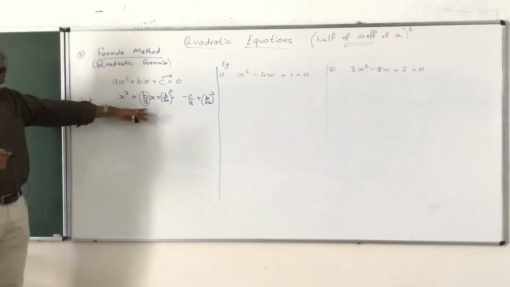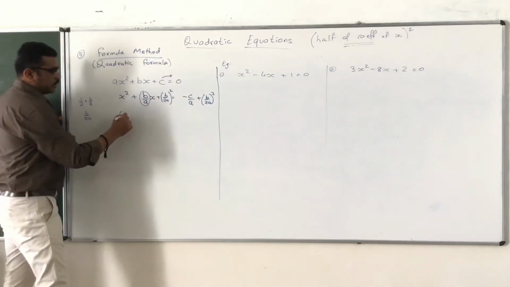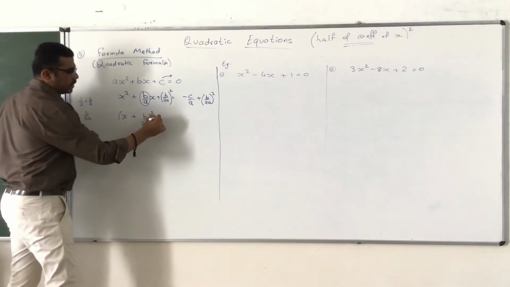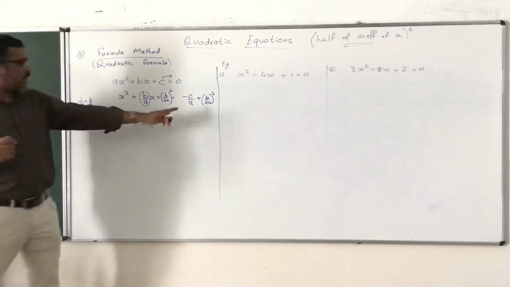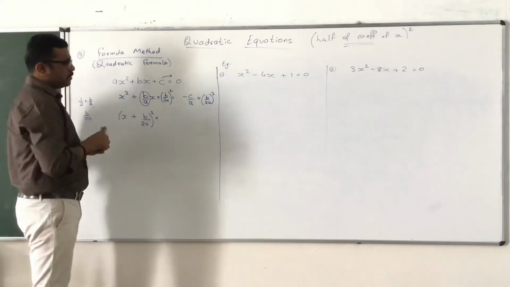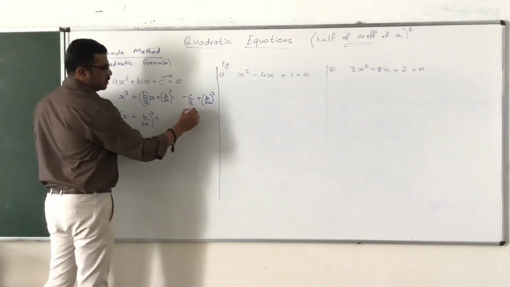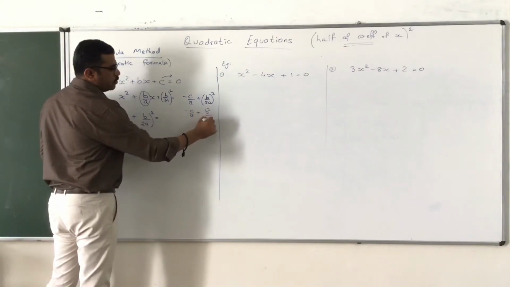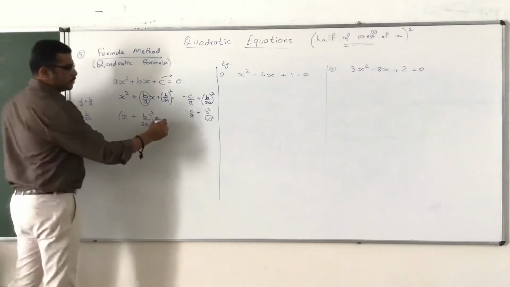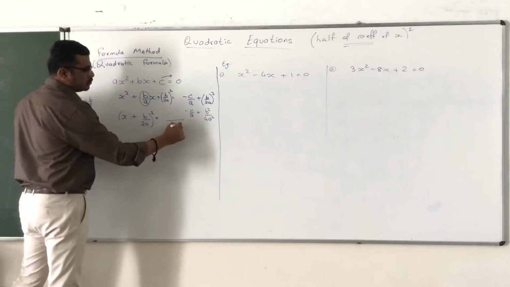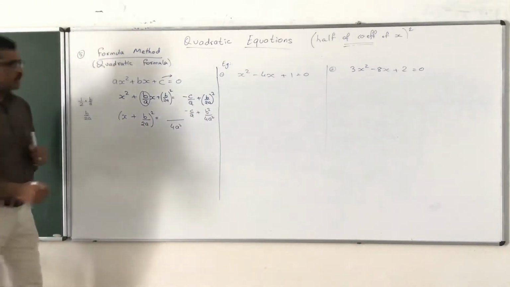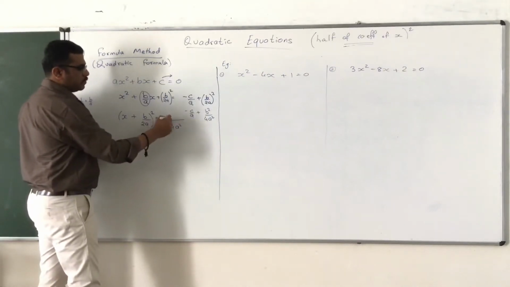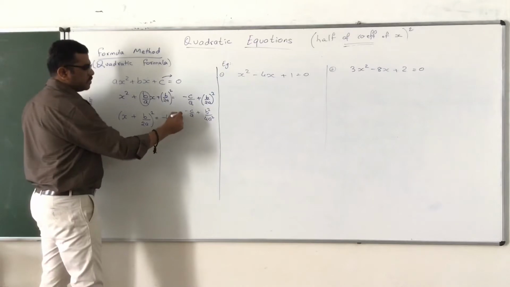So the left hand side is a perfect square, x plus b upon 2a whole squared, and on the right hand side, if we simplify, we have negative c upon a plus b squared upon 4a squared. The LCM being 4a squared, we multiply by 4a over here, so negative 4ac plus b squared.